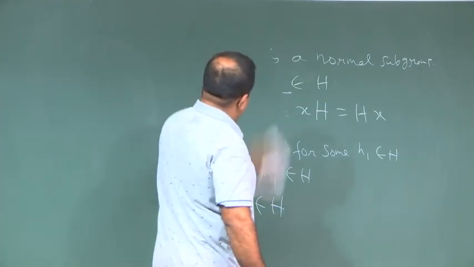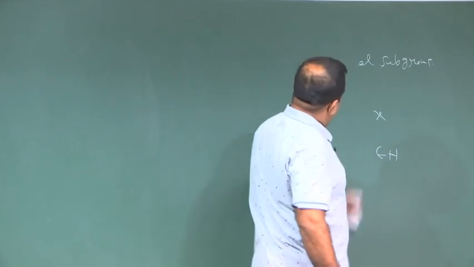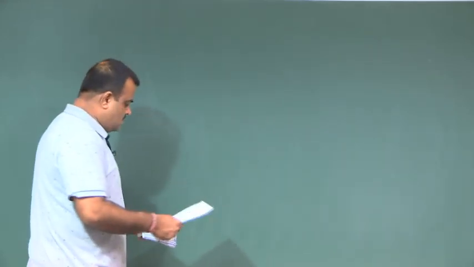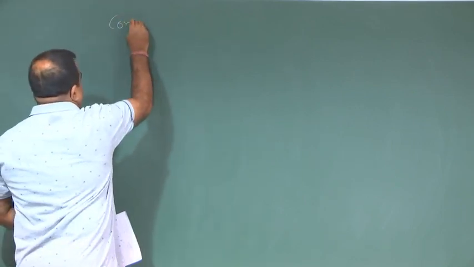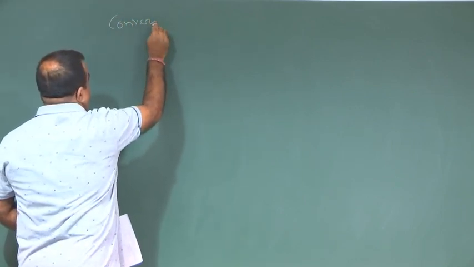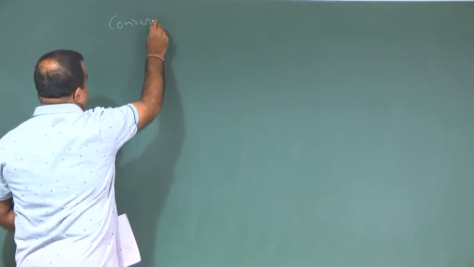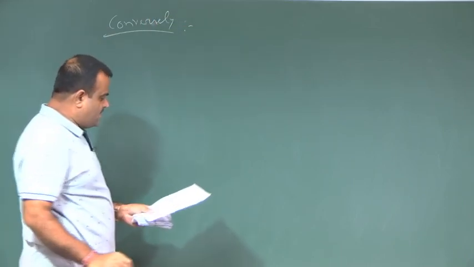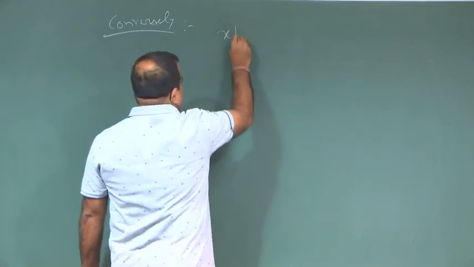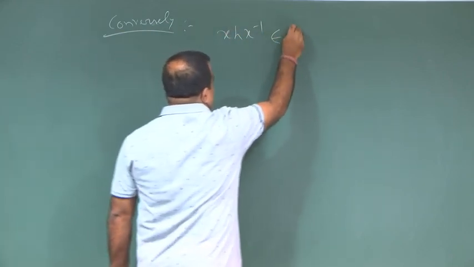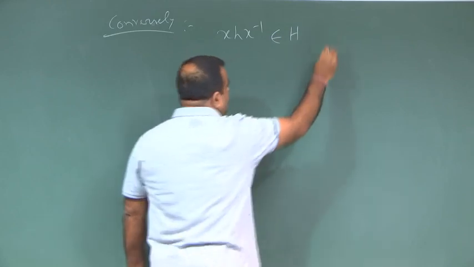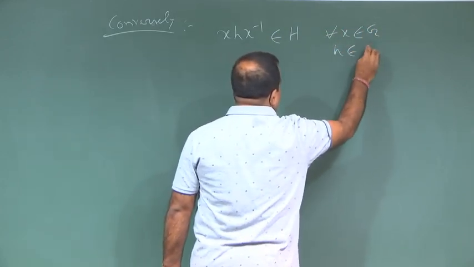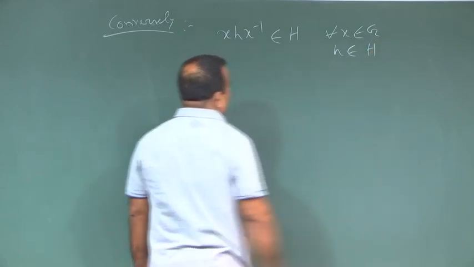Suppose this statement is true for all x and h. So, conversely, suppose the statement is true, that means x h x inverse belongs to H, and this is true for all x belongs to G and given h belongs to H.